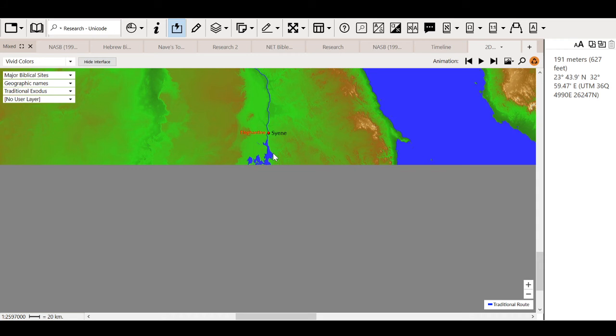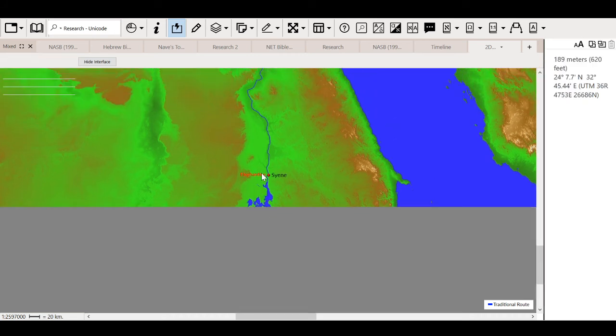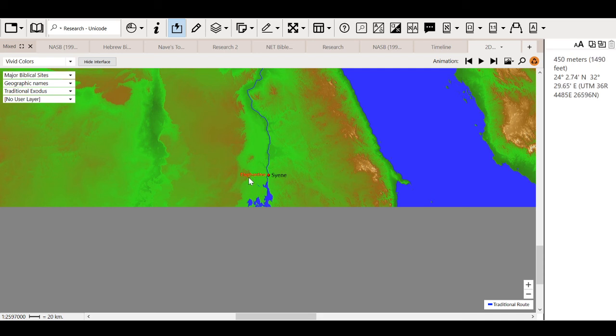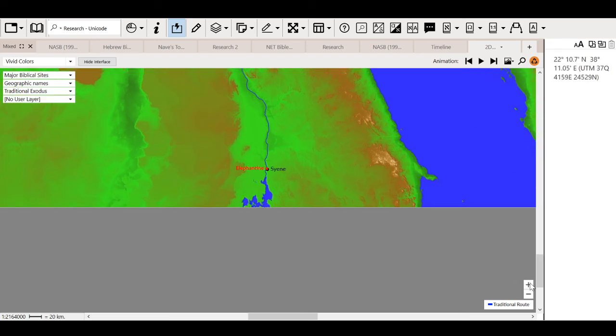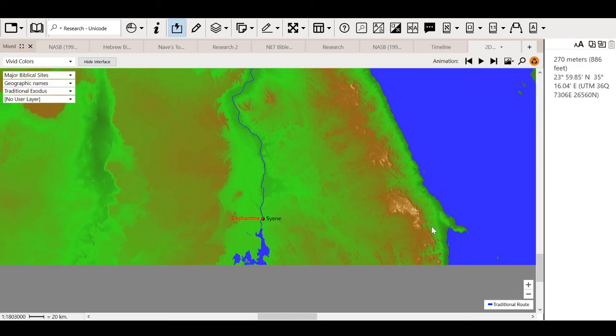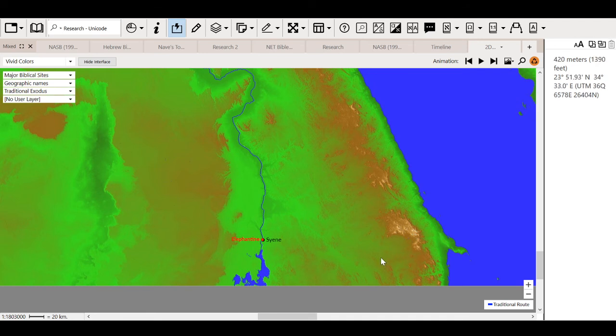It's taking a bit of time to load, maybe because I've got too many software open. But anyway, this is Elephantine here, and I can enlarge it so that we can see clearly. Elephantine is over here, right? And I think this is the animation, run the route animation.